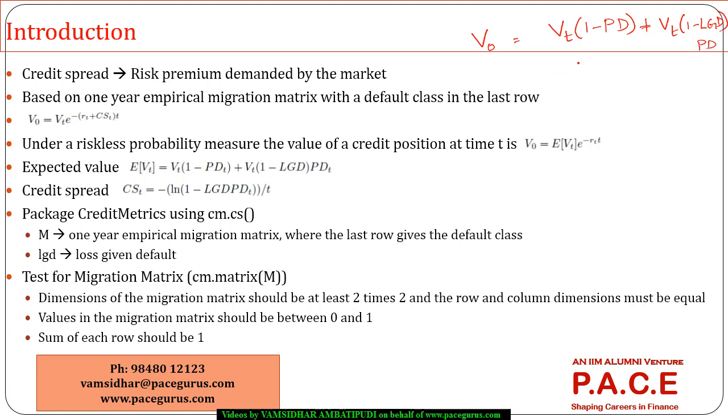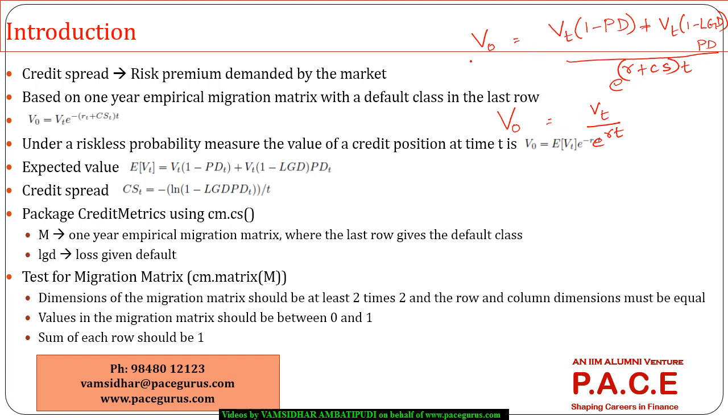That's the total expected value divided by e to the power of r plus CS into T. That's the present value for a risky security. But for a non-risky security, the same thing is coming out to Vt by e to the power of rT.